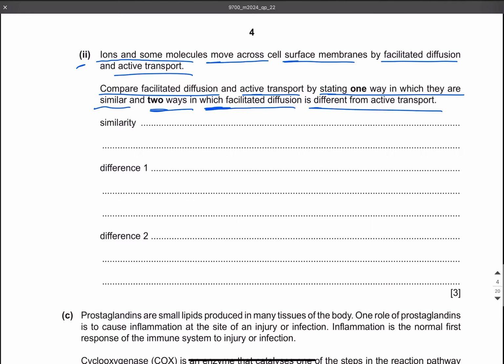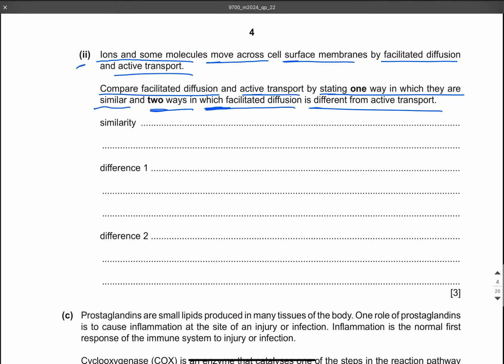Whereas if we talk about facilitated diffusion, it can occur through a channel protein or a carrier protein. So one similarity is that both facilitated diffusion and active transport occur through a carrier protein, right?